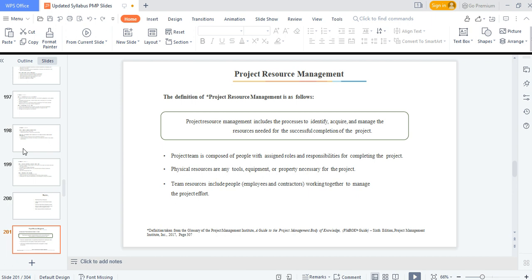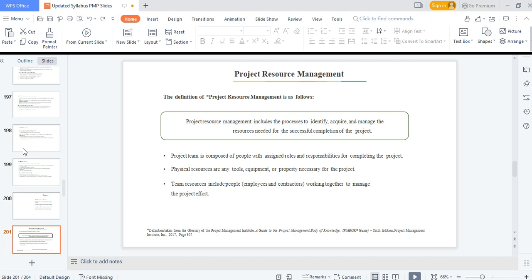So project resource management includes the process to identify if I will need 10 laptops to deliver a project. I will need to identify if I will need 10 human capital, 10 personnel to deliver a project.